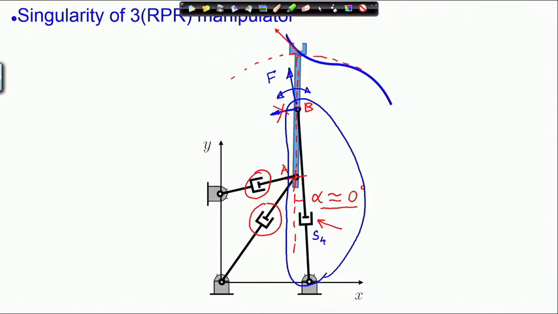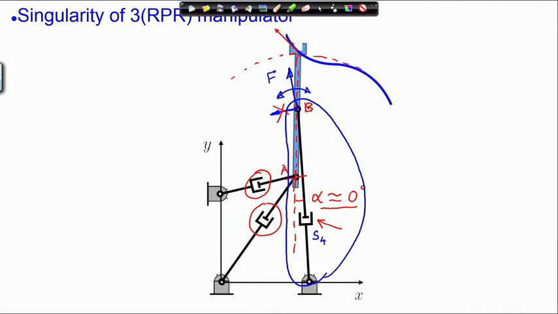So, therefore, there will be some rotation. So, the manipulator gains a degree of freedom. Why? Because it can rotate, though with very small amounts. There is a possibility of very small rotations. You cannot constrain the output link using S4 when alpha is equal to 0.